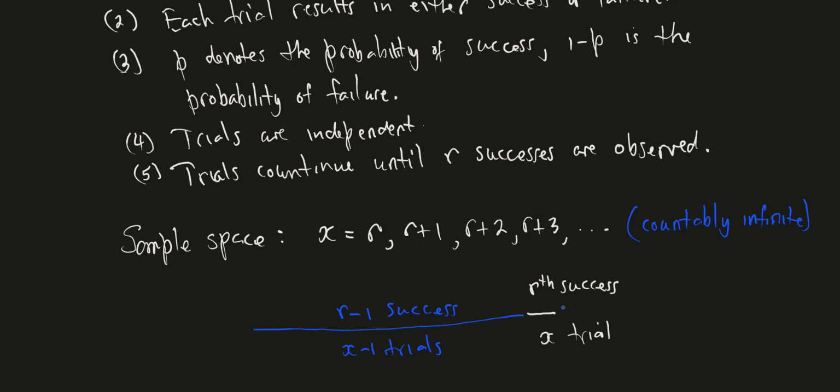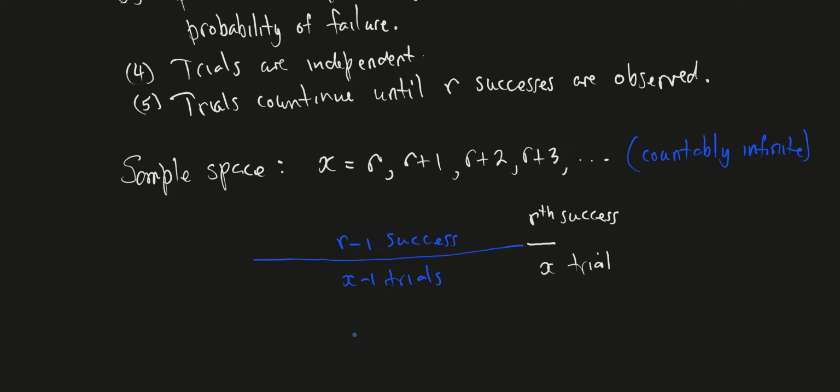That's the only way I could then have the rth success on the xth trial. I would have to have seen all but one of the successes on the previous trials, which would be just one less than this. But now this sounds like kind of a binomial thing, where you want to have this many successes out of this many trials. So let's write that down.